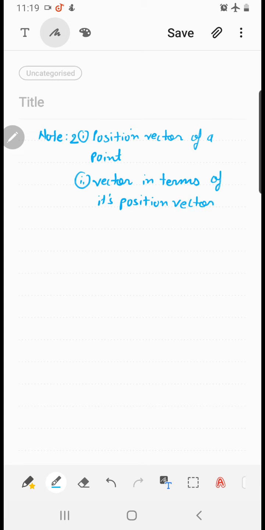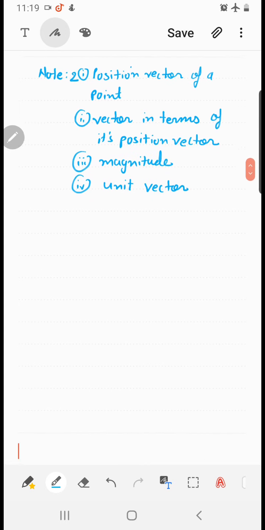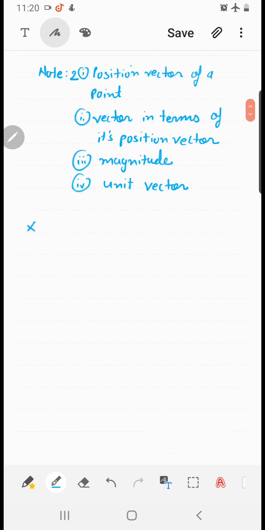In short form, we are going to write it as PV. Number 3, magnitude. And number 4, unit vector. These are all basic calculative concepts of vector. So, let's all start with position vector of a point.